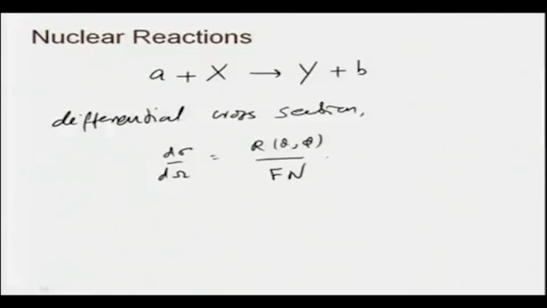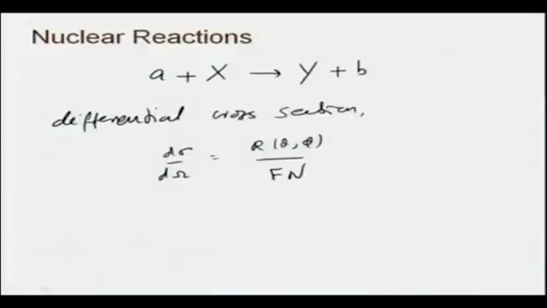Basically, this r theta phi is the rate of particles, the projectile or the particle of type B, coming out at polar angle theta and azimuthal angle phi, and d omega is the solid angle of the detector. f is the flux of the incident beam, n is the number density of the target X nuclei.